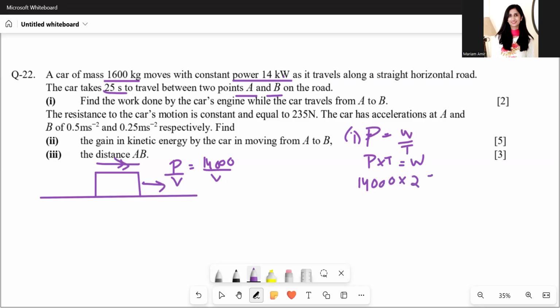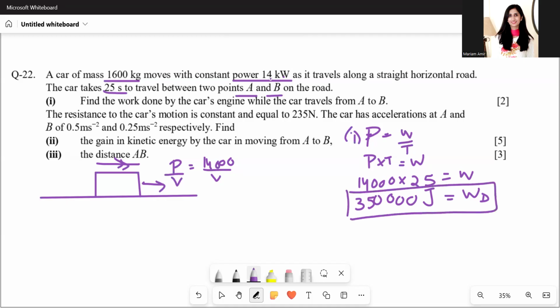Time in seconds is 25. This should give us the work done. Work done would come out to be 350,000 joules or 350 kilojoules. This is the work done by the driving force, or the work done by the car's engine.